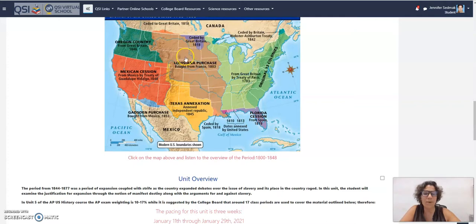Same with the Louisiana Purchase. So the United States purchased all of this territory in brown from France in 1803. They paid a pretty insignificant sum, but again, this land acquisition was for the most part peaceful. And then we get into Texas and the Mexican Cession, where these land acquisitions were not so peaceful.